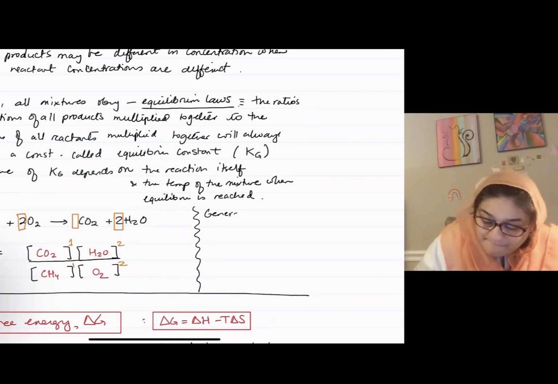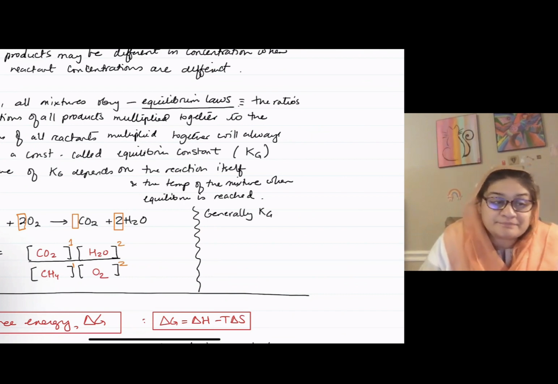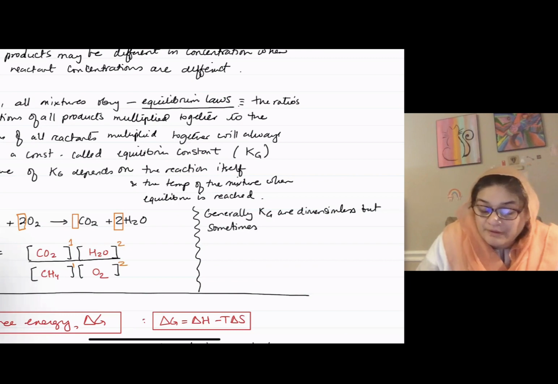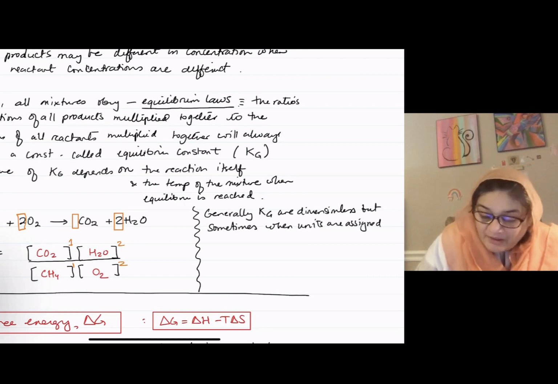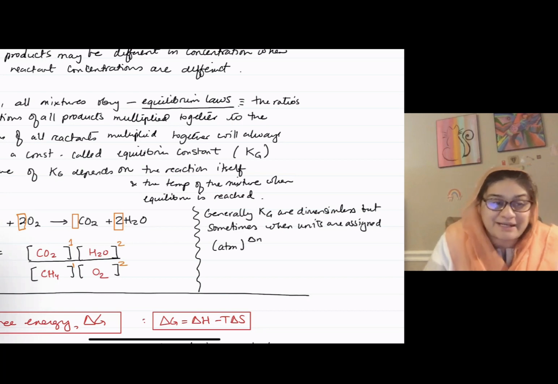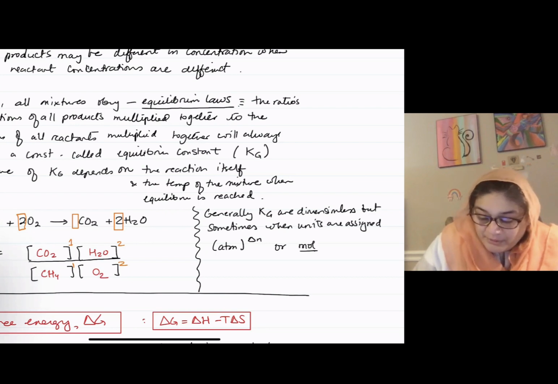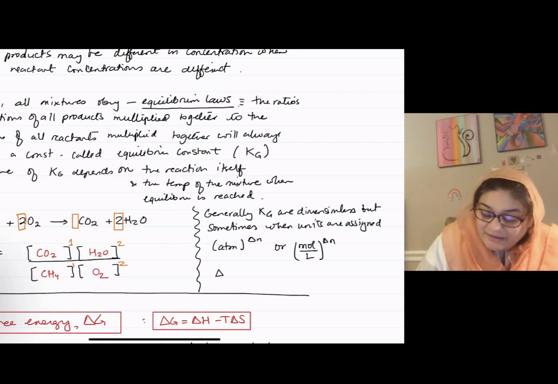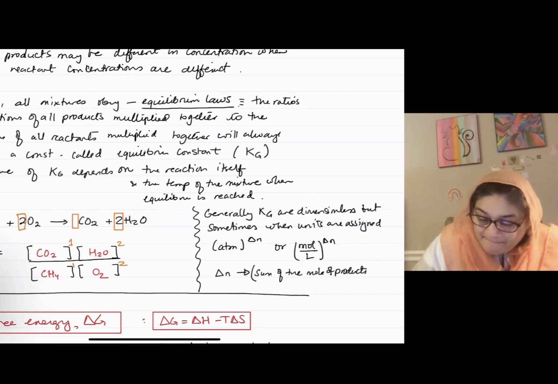Generally, Kg are dimensionless, but sometimes when units are assigned to them, they are atmospheric pressure to the power delta N, or mole per liter to the power delta N, where delta N is defined as the sum of the moles of product minus the sum of moles of reactant.